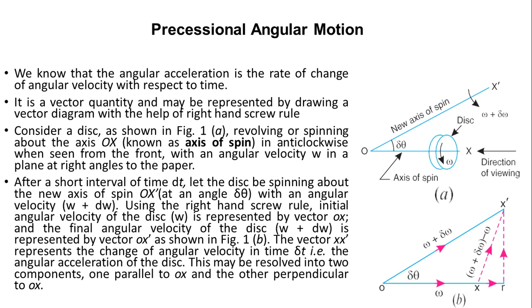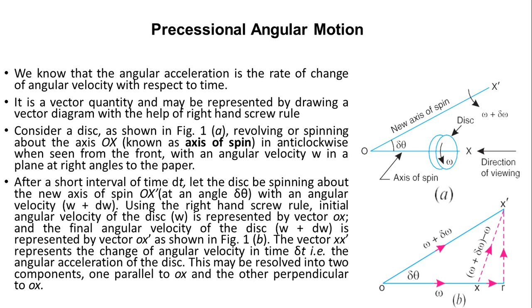Next we will see the precession angular motion. For example, take a disc in the figure, when the direction of viewing is from right to left, and the disc is having some motion in the direction you can see there, and the axis of spin is in that direction, shown with the horizontal line.